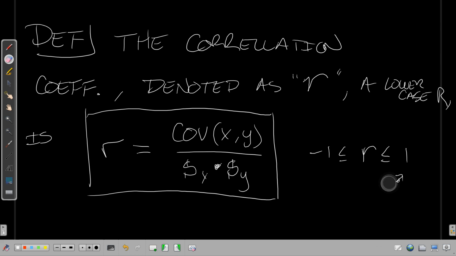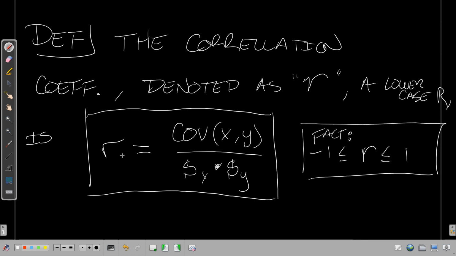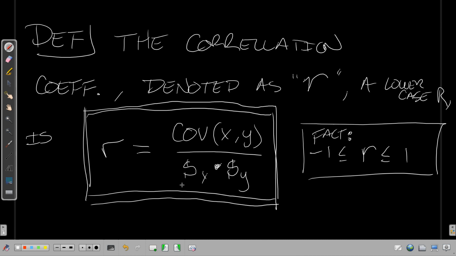And if it was exactly equal to -1, it would be perfectly negatively correlated, and all those data points would be right on some line with a negative slope. This is how that value of r is computed.